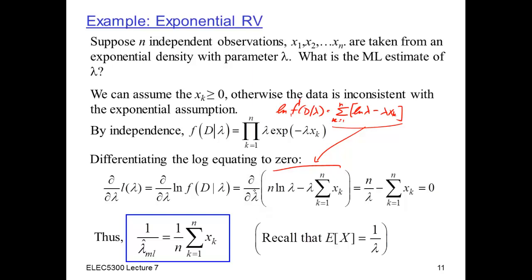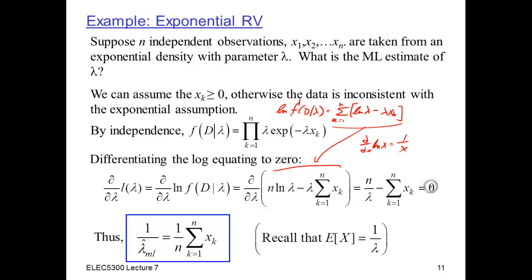And I differentiate with respect to lambda. And so you know that if I take d dx of log of x, I get 1 over x. So I get 1 over lambda when I do that derivative, or n divided by lambda, minus lambda, the derivative of this, lambda times something, and I just get the something. So minus this something here.